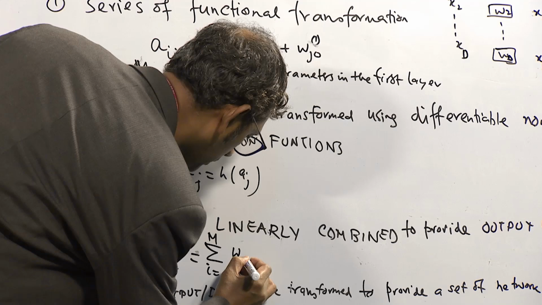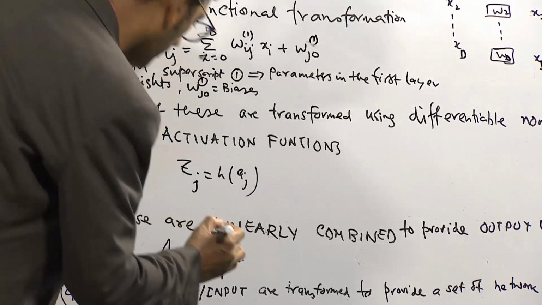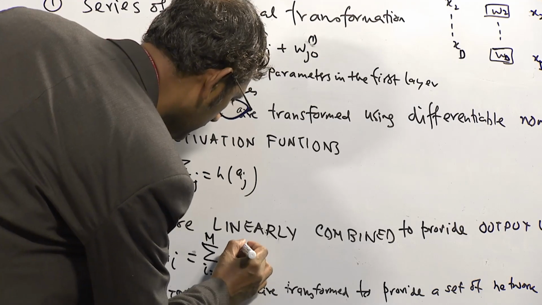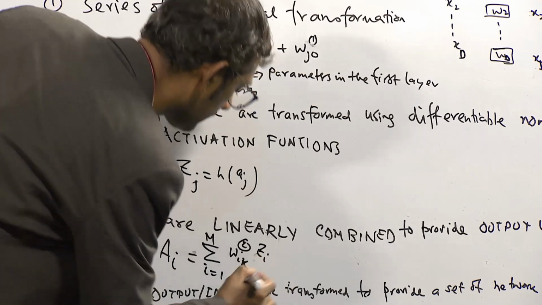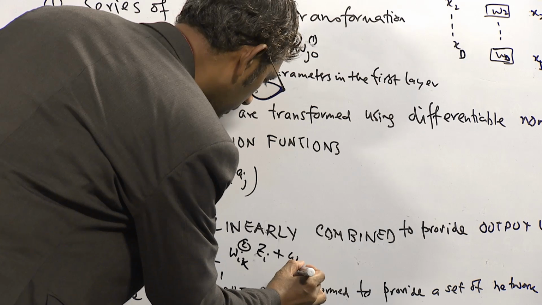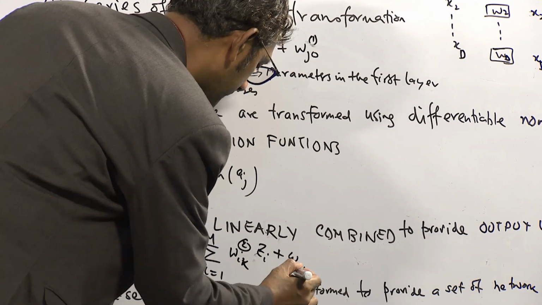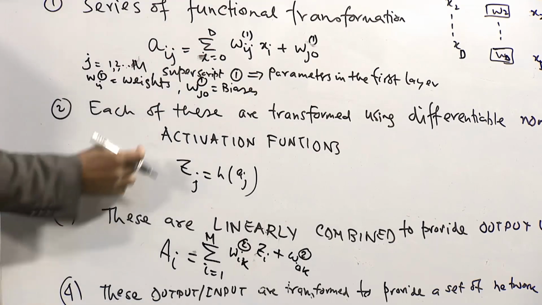W_ij, right? Yes, no, W_ik, 2 second layer, and this is z_j plus W_0k, 2. You can see that these are linearly combined.